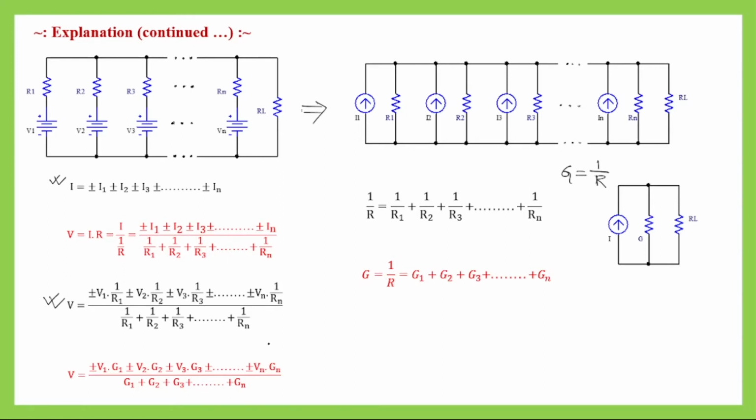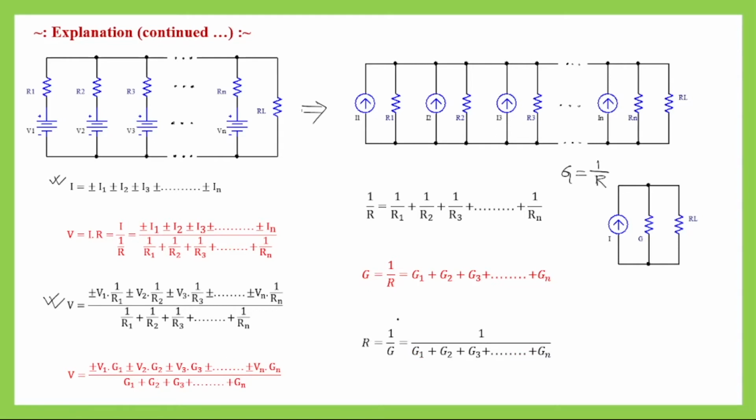In place of 1 by Rn it will be simply Gn. So in the denominator it will be simply the summation of the conductance values of all the paths. The final value of the equivalent voltage source will be the algebraic sum of the product of voltage value and corresponding conductance, divided by the summation of all the conductances.